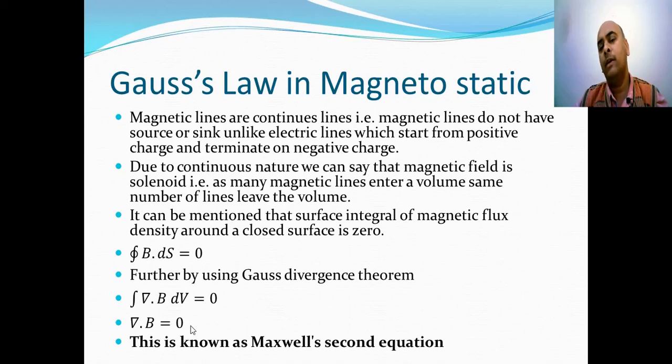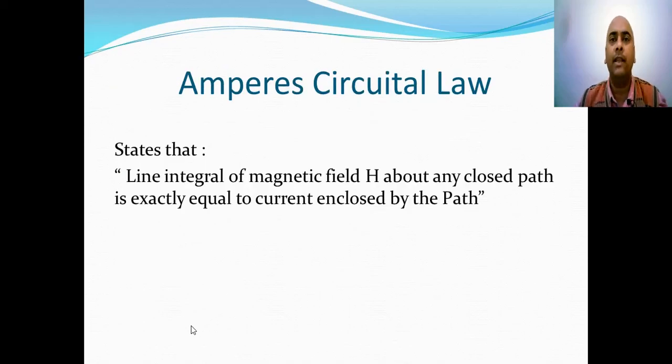So next we come across Maxwell's third equation. Maxwell's third equation is basically Ampere's circuital law, which states that the line integral of magnetic field H around any closed path is exactly equal to the current enclosed by the path.